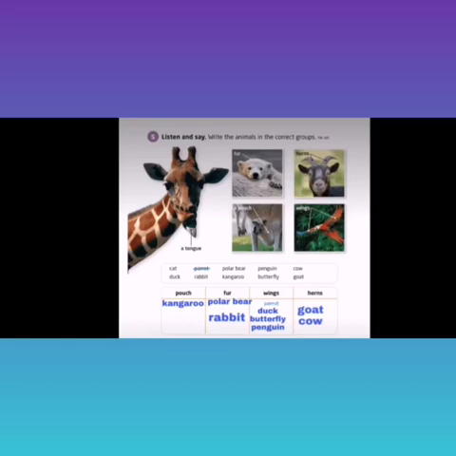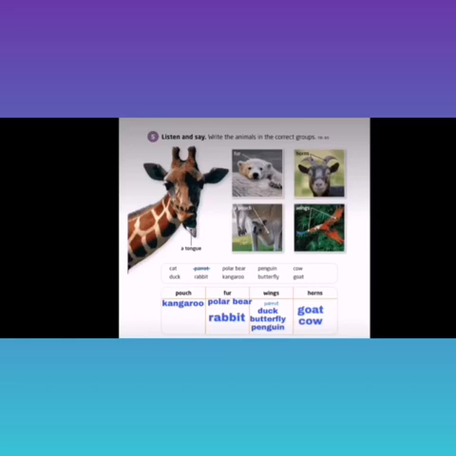Check your answers. Chequen sus respuestas. Next column, wings. Animals that have wings. We already have parrot, and the other words are duck, butterfly, and penguin. Remember, the penguins have wings. Los pingüinos tienen alas, but they can't fly, pero no pueden volar.